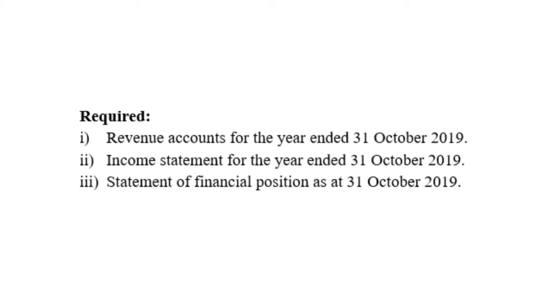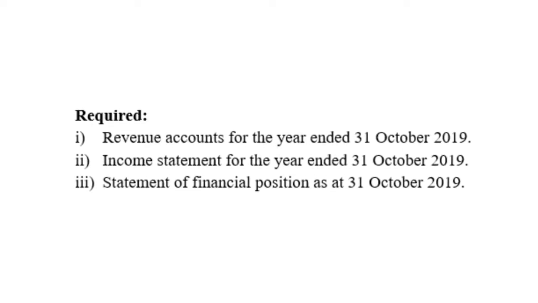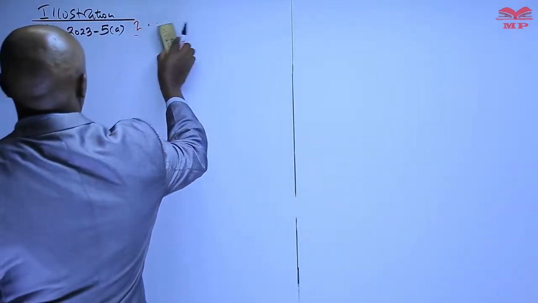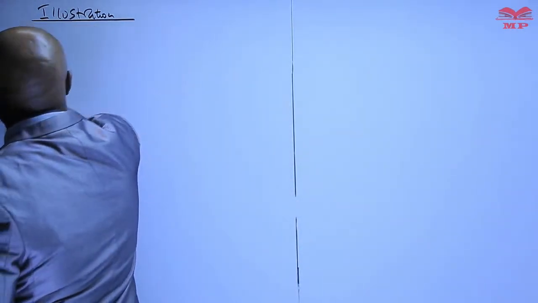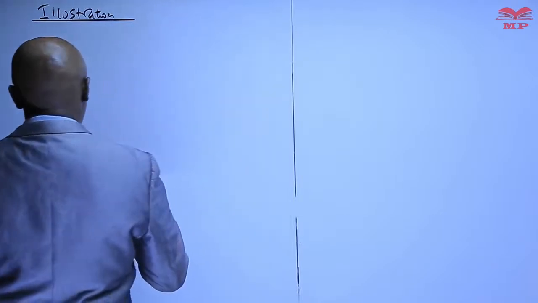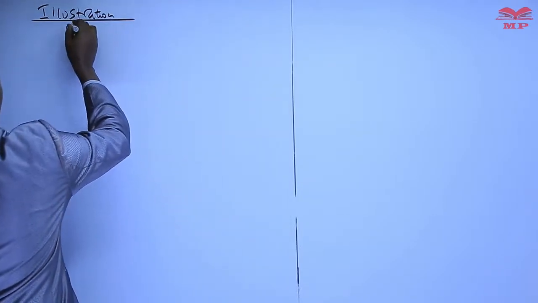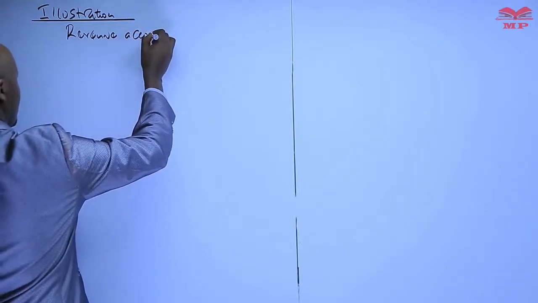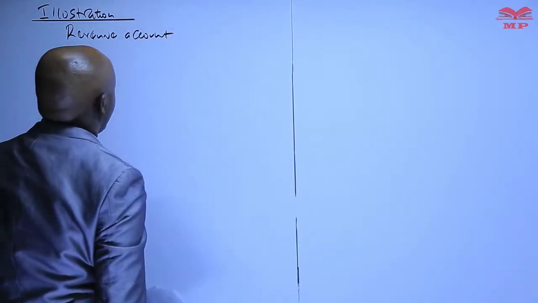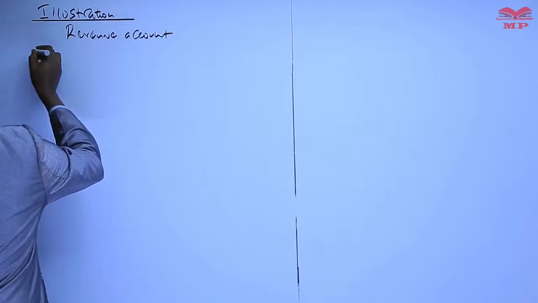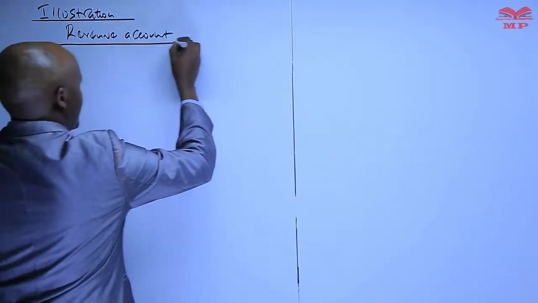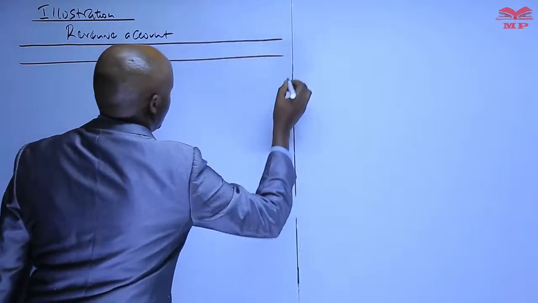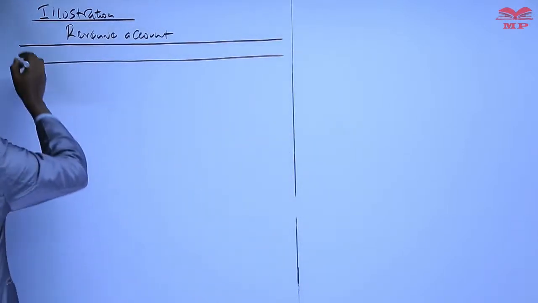So we start with the Roman 1 of that particular question, whereby we are required to prepare the revenue account for David Wekesa. So this is the revenue account. And we have said that the revenue account is prepared using a T format.